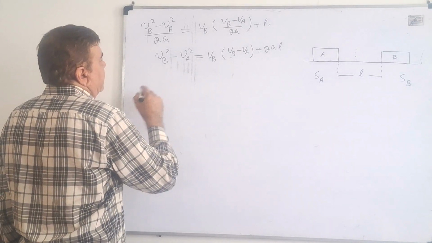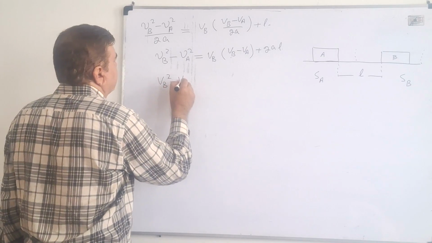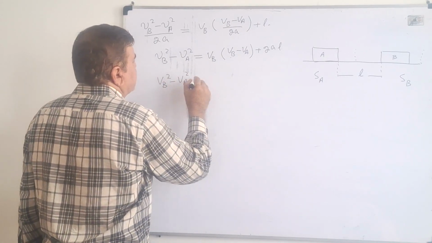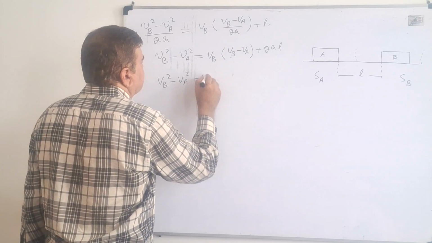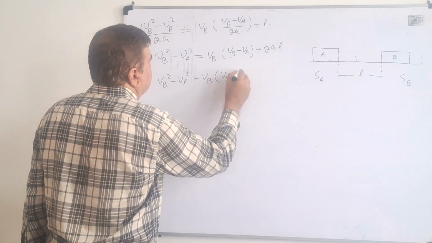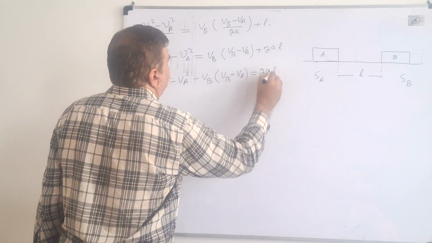Taking this to this side, VB squared minus VA squared minus VB times (VB minus VA) equals 2AL.